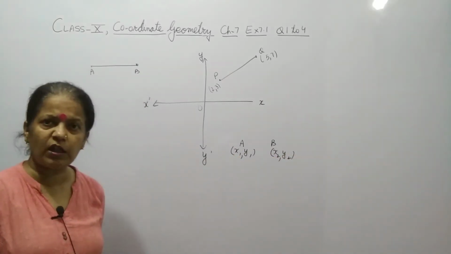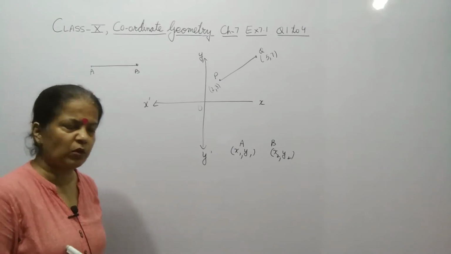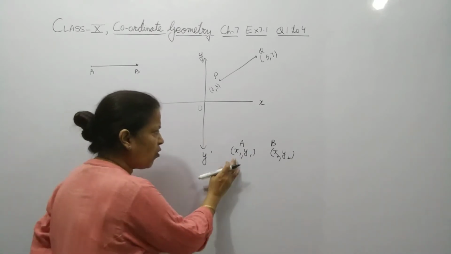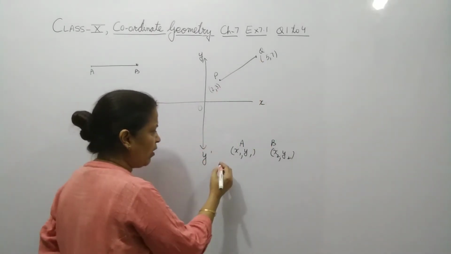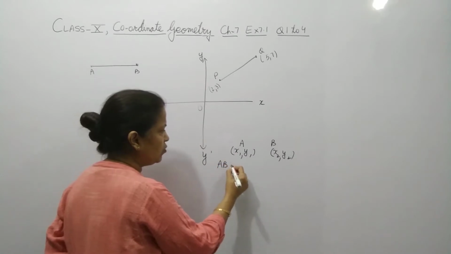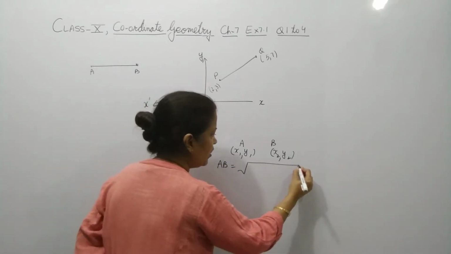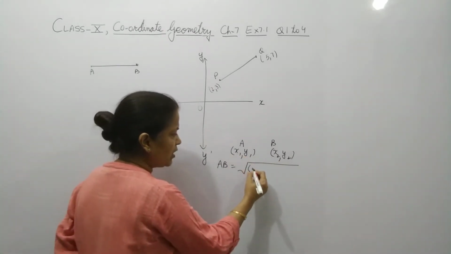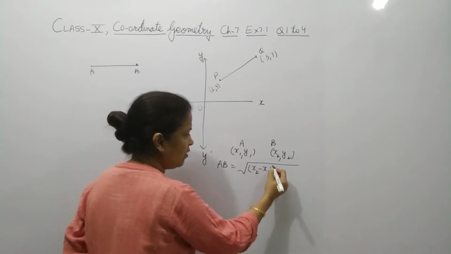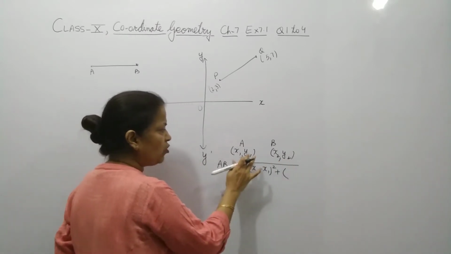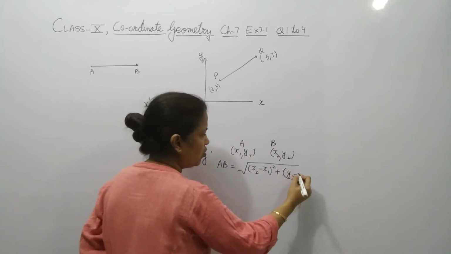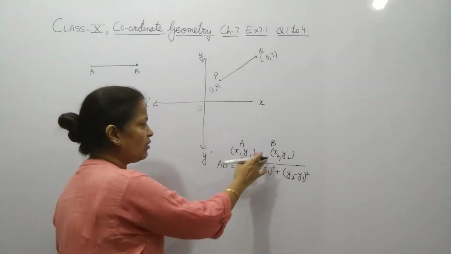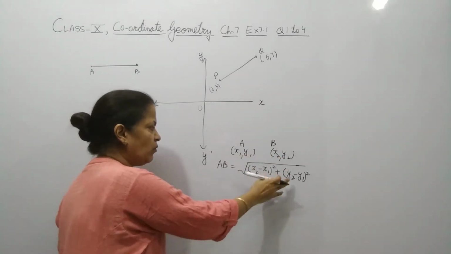These are the 2 coordinates and you have to find out the distance between these two, distance between A and B. Since the coordinates are given like this, the formula is square root of (x2 minus x1) square plus (y2 minus y1) square.